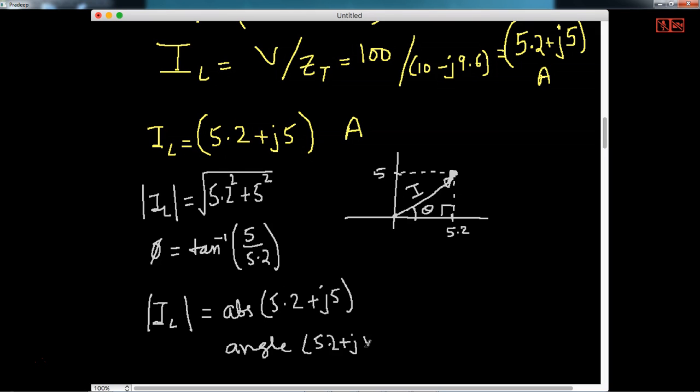But the problem is this angle will be in radians, so you need to convert into degrees. Just multiply by 180 and divide by pi. This is the conversion factor, so finally I'll get the angle in degrees.